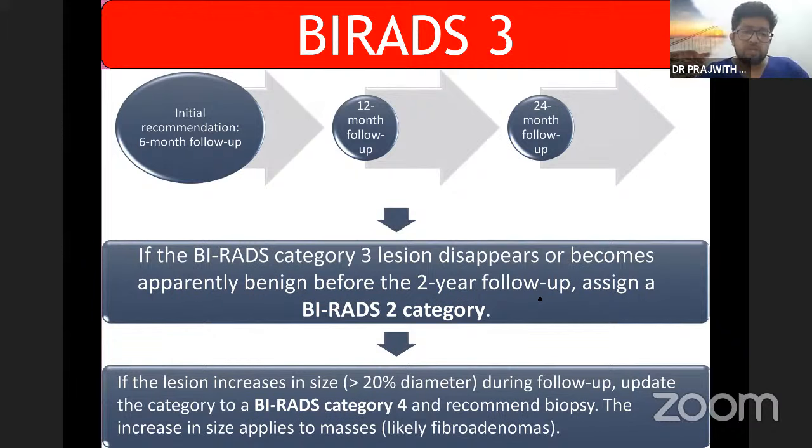Whenever it is BIRADS 3, we do 6 months, 12 months, 24 months follow-up. If there is any growth, we put the lesion into BIRADS 4 category. Very simple. If there is no growth, then after the 2-year follow-up, we don't have to do anything. So that is how we interpret breast mammography.